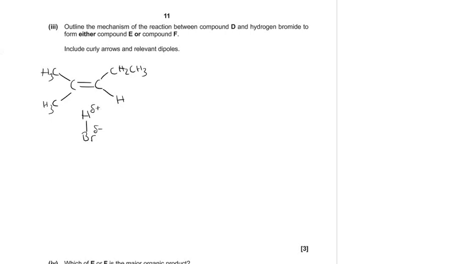Now a common mistake here that I see some students make is to add a dipole onto the double bond. No dipoles on the double bond. The double bond is not electrophilic. It does have high electron density, but that does not make it partially negative in that sense. So when you're drawing a mechanism, make sure that you very clearly show where your electrons are coming from and where they're going to. So the electrons here are going to start from the electron dense double bond.